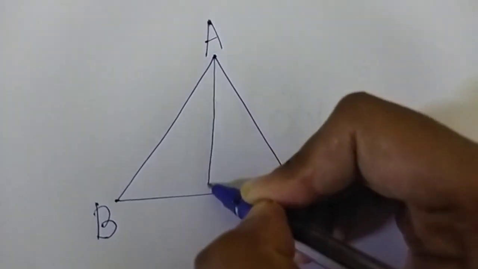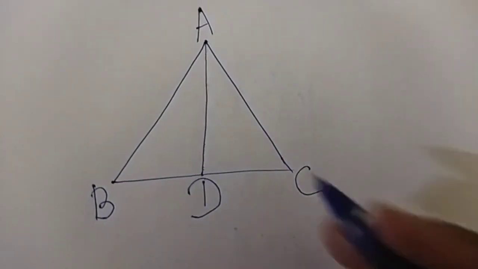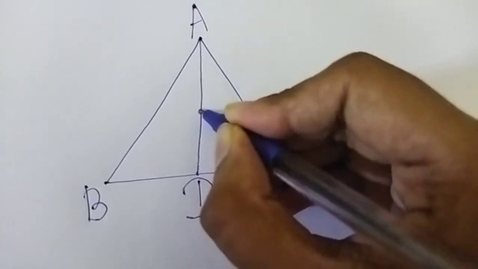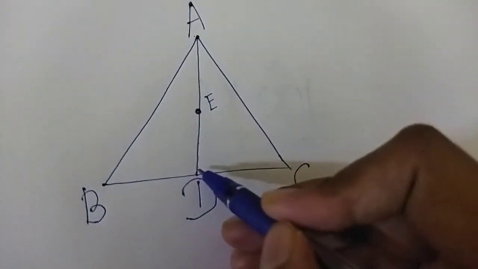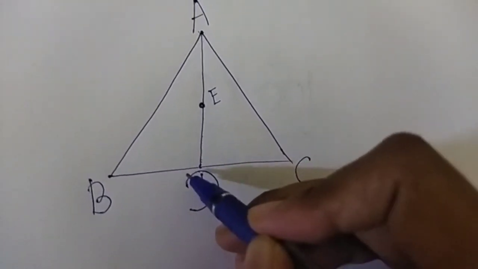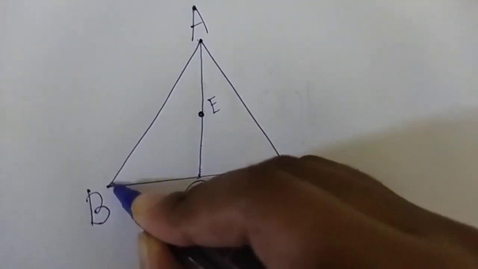Median means it bisects BC directly. So AD is the median. Now E is the midpoint of AD. Now we need to find what is the area of triangle BED. So let me draw a line to BE.